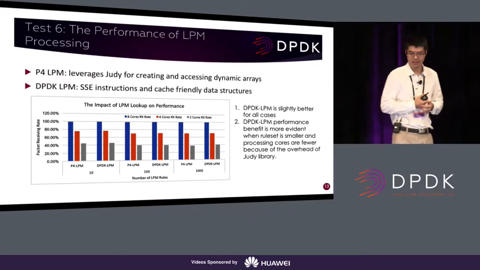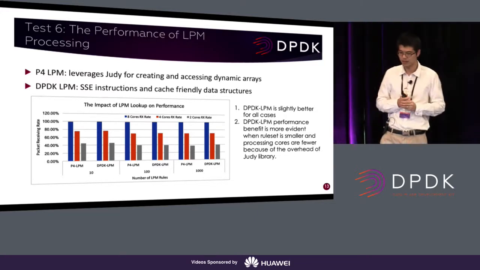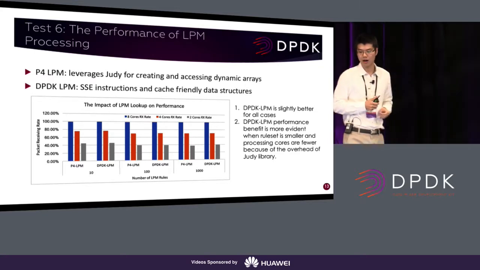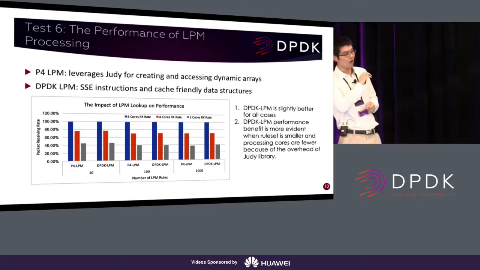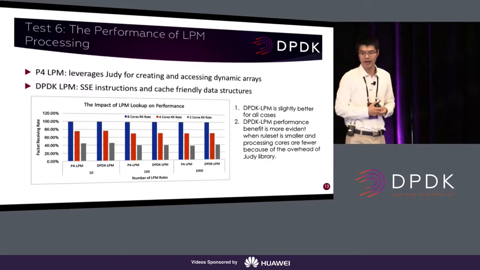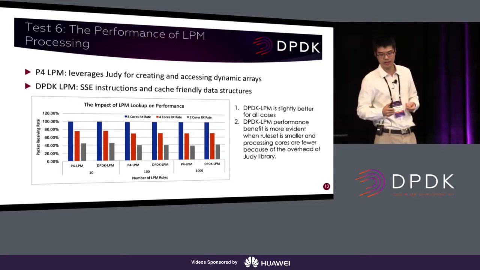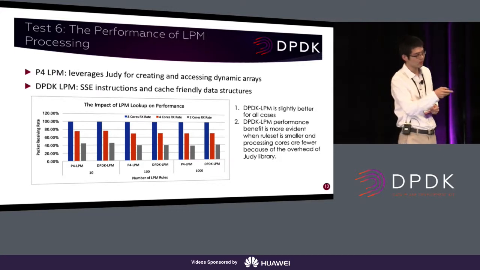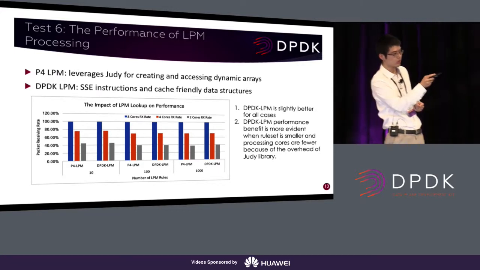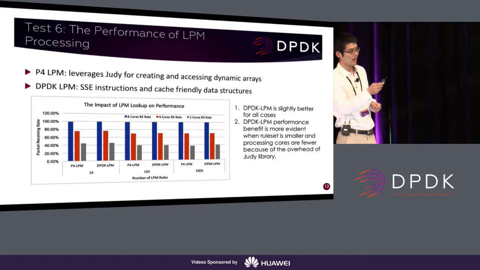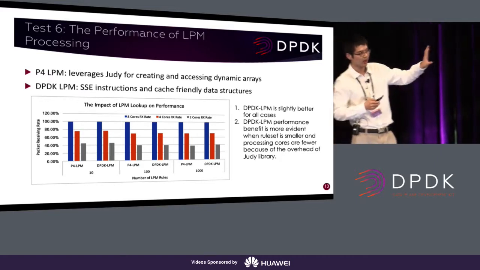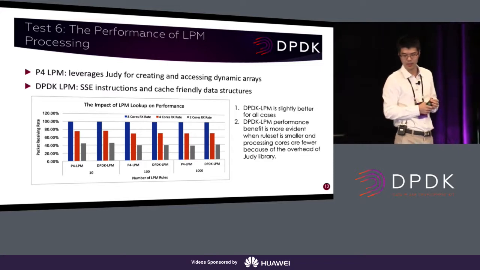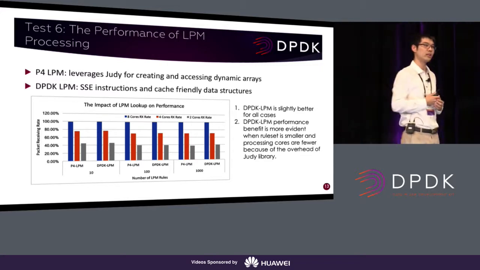We can find that it's not very evident, but if you look into greater detail, the DPDK LPM is slightly better for all cases. And the DPDK LPM performance benefit is more evident when the route size is small, okay? So the route size changed from 10 to 100 to 1,000, and it's more evident at the small route size. This is because of the overhead of the Judy library.